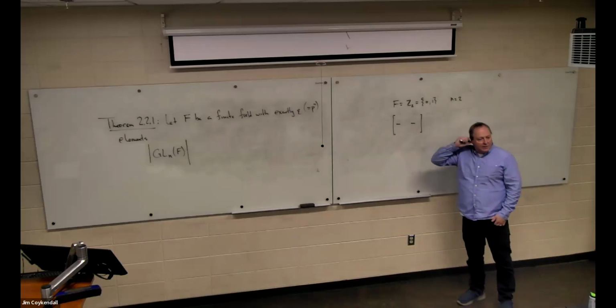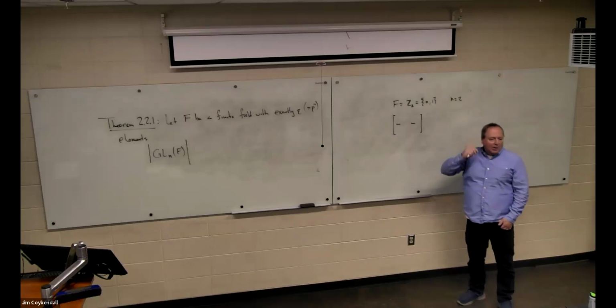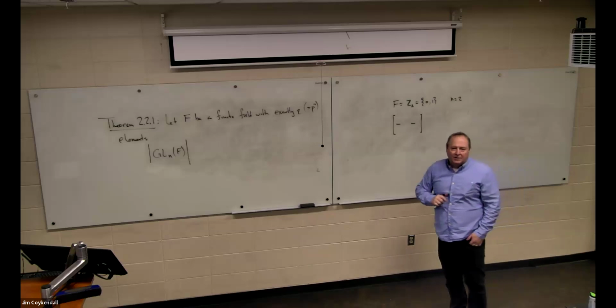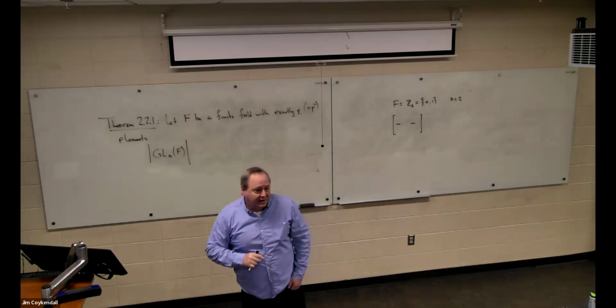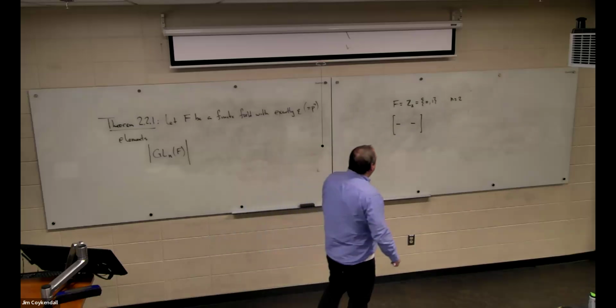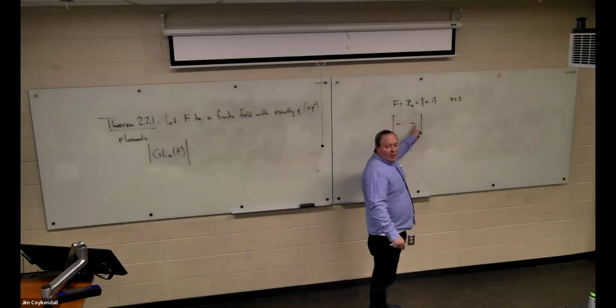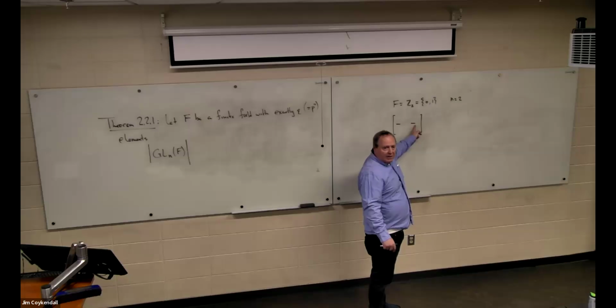There's only one choice I can make for that top row such that there's no way I can get a non-zero determinant. Anybody tell me what it is? Yeah, 0, 0 up here. If I put 0, 0 up here, I'm totally hosed, because there's no way I'm going to get a non-zero determinant, right? But any other choice will work.